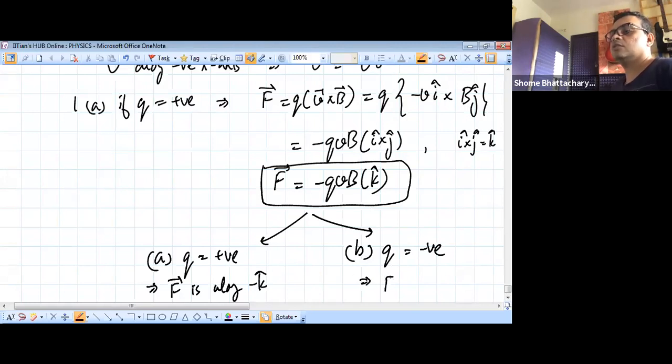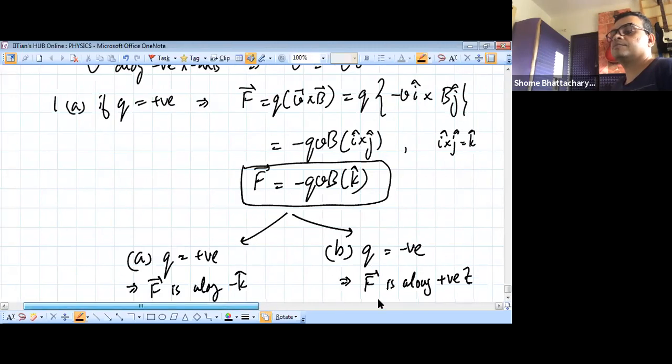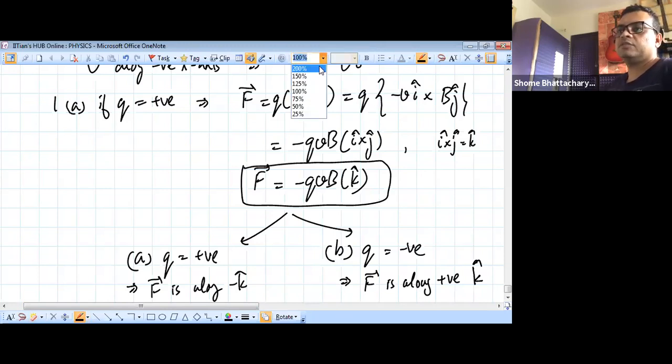So the force is along the positive z axis, or positive k cap. Here it was along minus k cap. So this is another way in which we can approach the question.